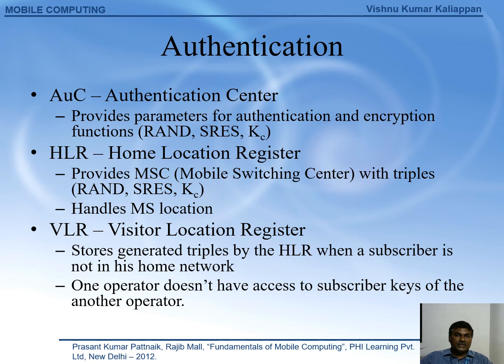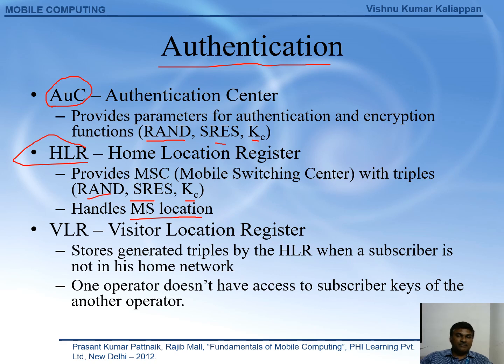In the GSM architecture, the main module responsible for authentication is the AuC, the authentication center, which provides the parameters for authentication and encryption, as I said in the previous slide. RAND, SRES and Kc are provided by the authentication center. The HLR, home location register, provides the MSCs with triples of these three values and handles the mobile station's location.